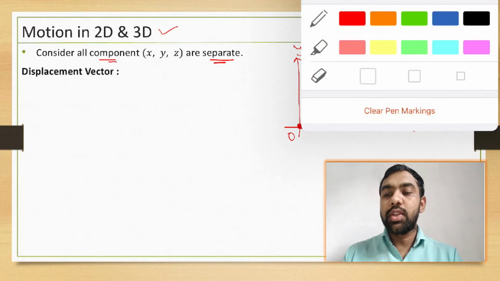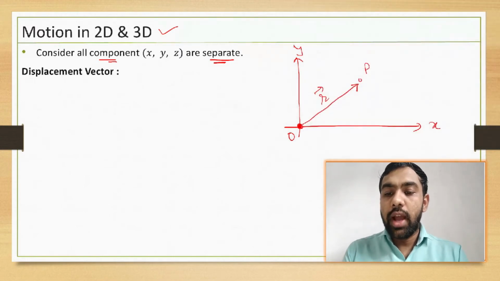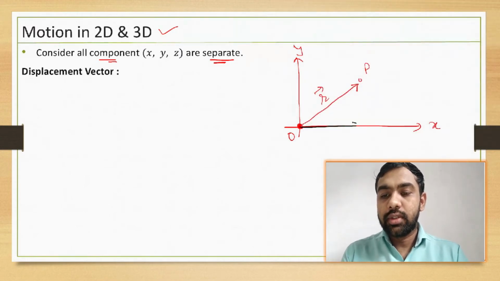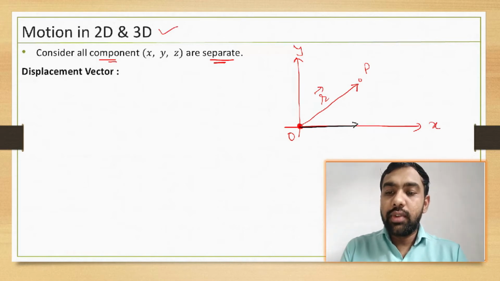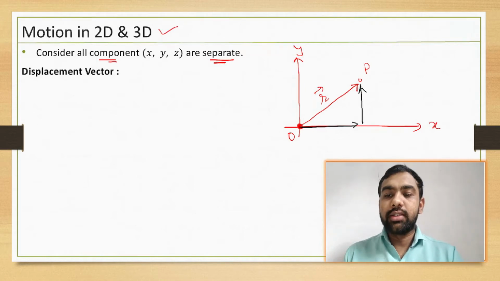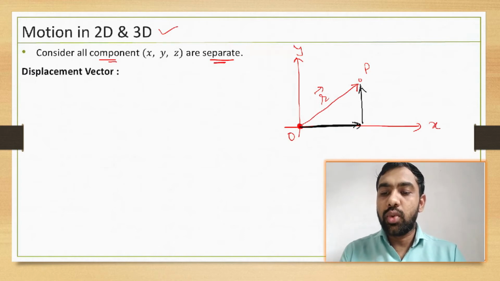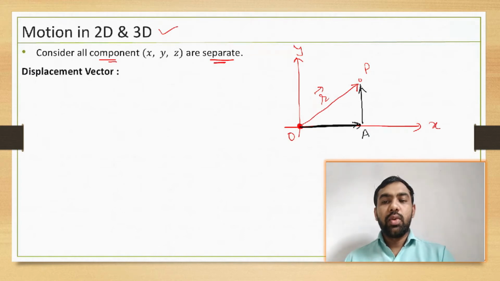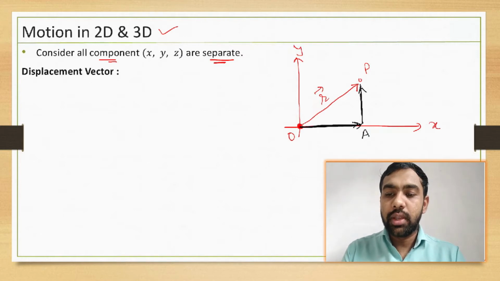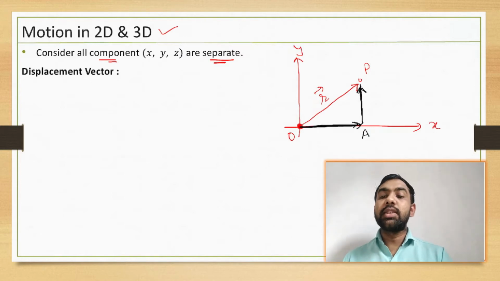But consider the same situation like this: you move along the x-axis first up to this point, and then you move along the y-axis, meaning parallel to the y-axis. So if you move from O to A, and then A to P, your displacement does not change. Your displacement is as it is.